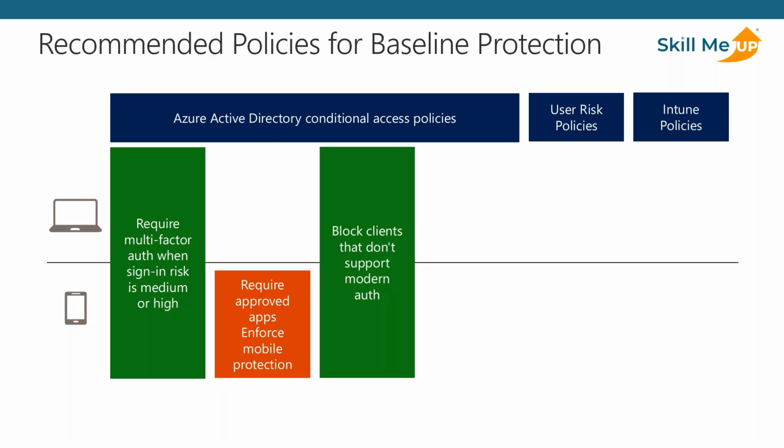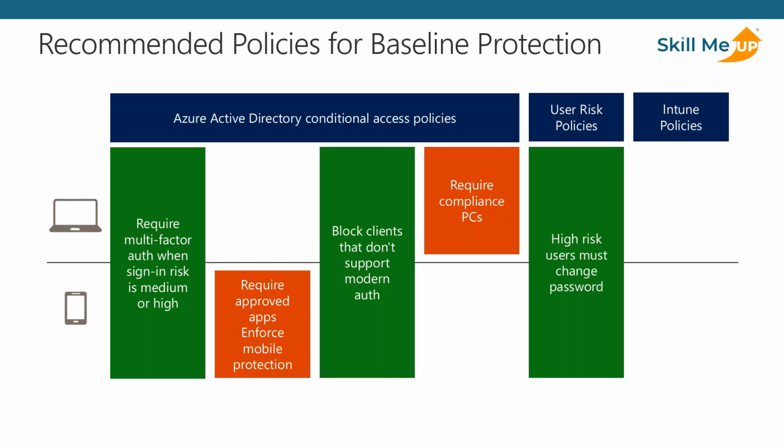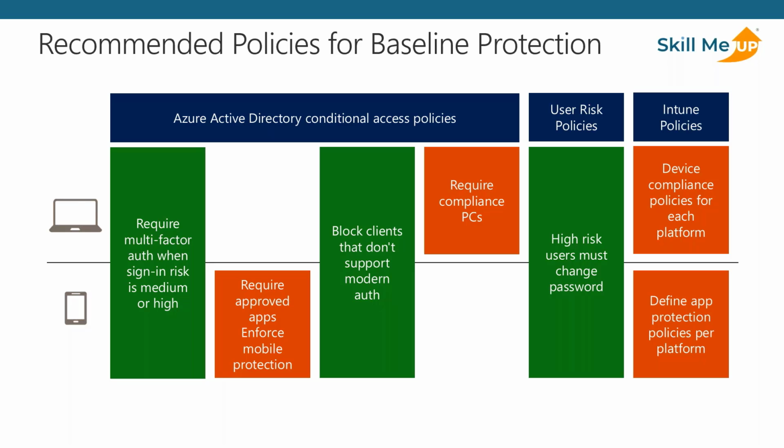We're going to block older clients that don't support modern auth. We'll require compliant PCs that are accessing the system. High-risk users need to change their password. Device compliance policies for each of the platforms, and then app protection policies as well. So this will be our baseline policy that we wish to utilize if we're starting out.